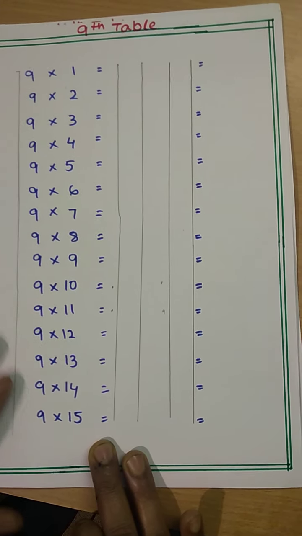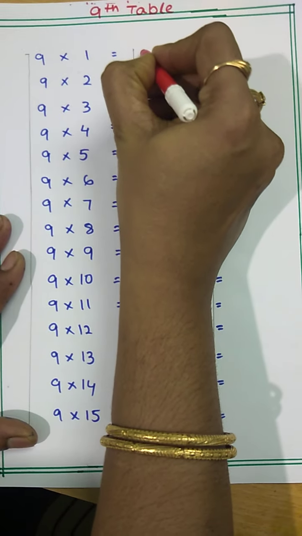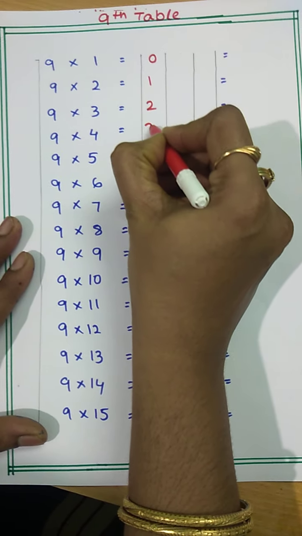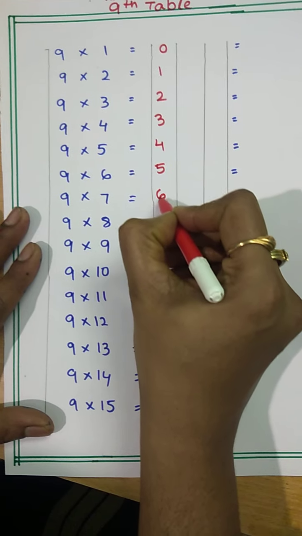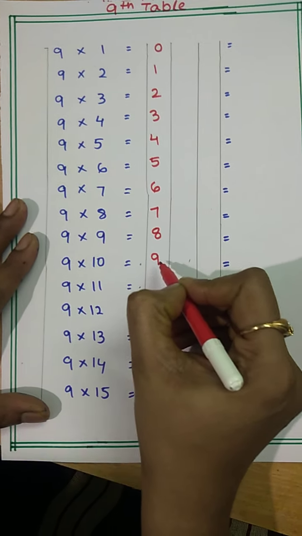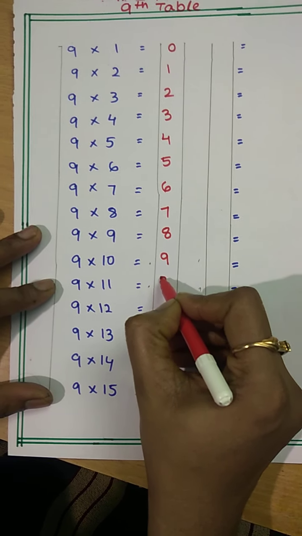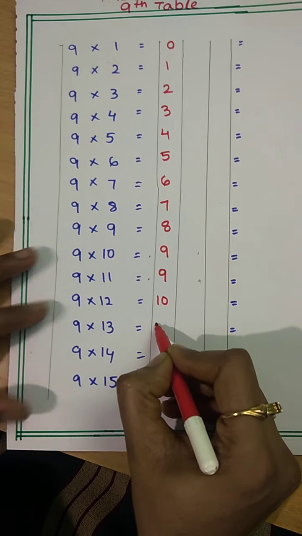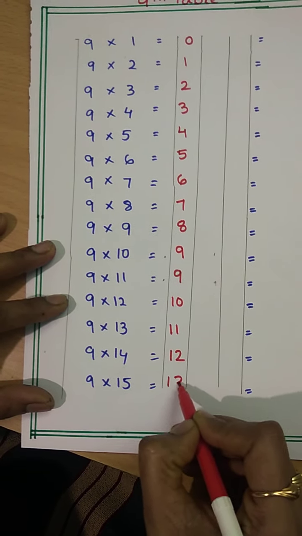First we need to start from 0 onwards: 0 1 2 3 4 5 6 7 8 9. After that we need to write 9 two times, then 10 11 12 and then 13.